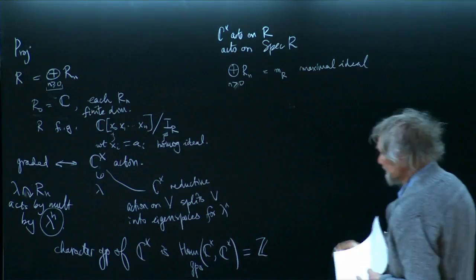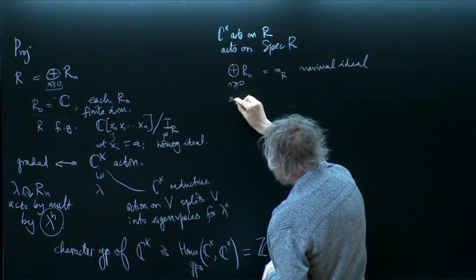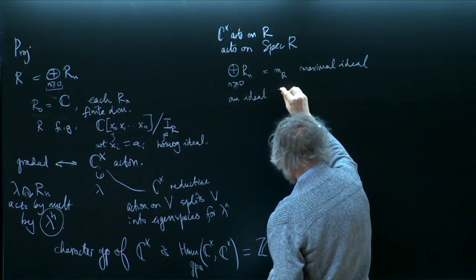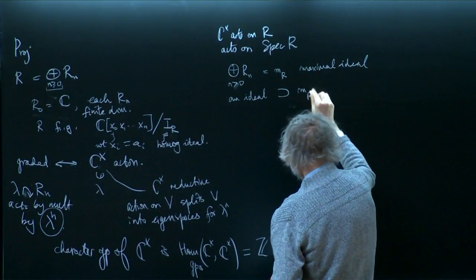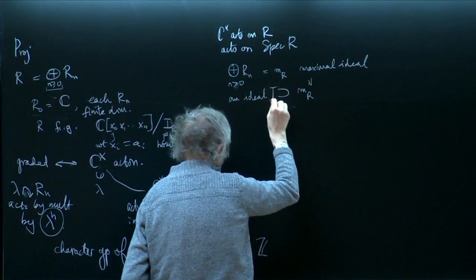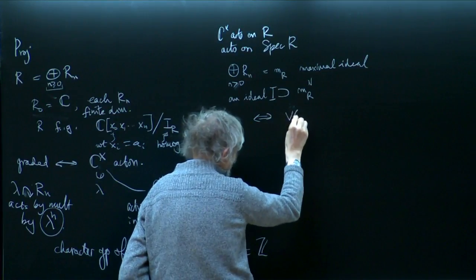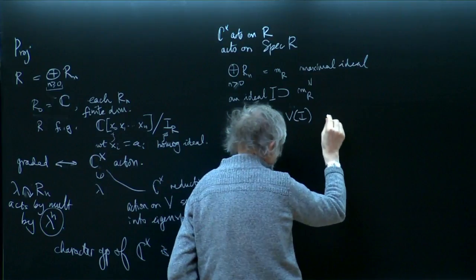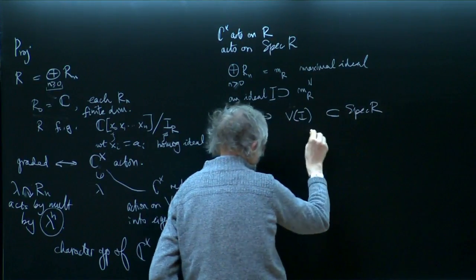Yes, and so let's take an ideal that contains M_R to some power n. So an ideal I contains that if and only if the variety of I inside spec R is 0.